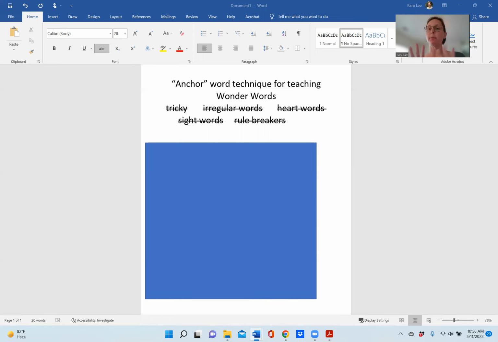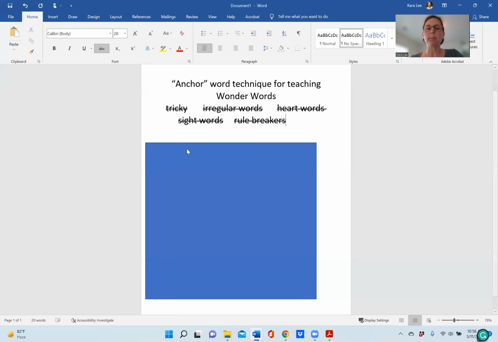It's actually more opaque, meaning there is less of that one-to-one correspondence than might be true in other languages. Other languages do have more of a one-to-one match between symbol and sound, or letter and sound. So I wanted to show you again, this is one technique for teaching these wonder words.